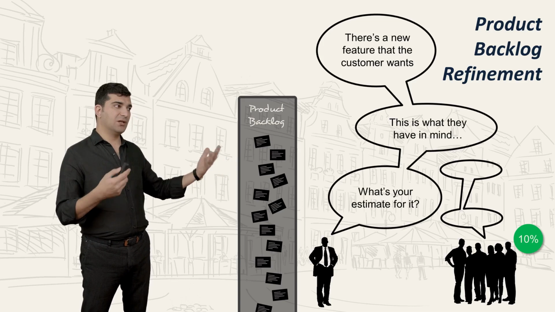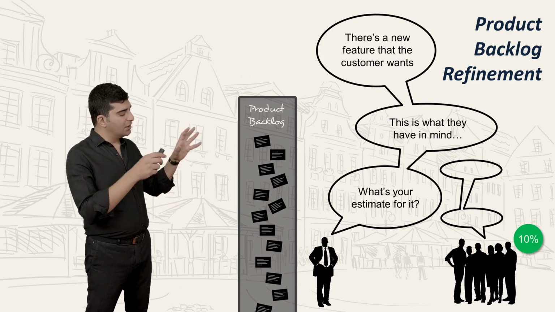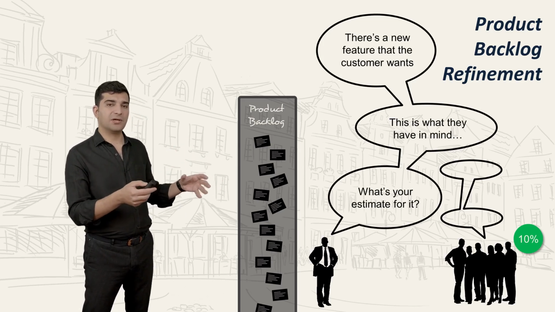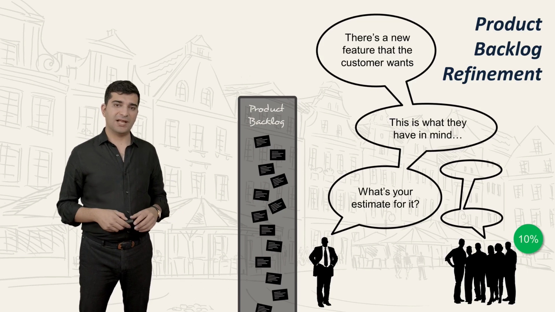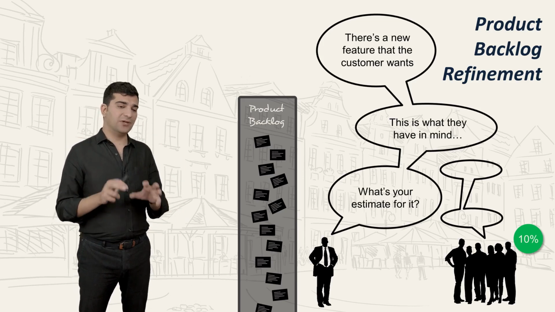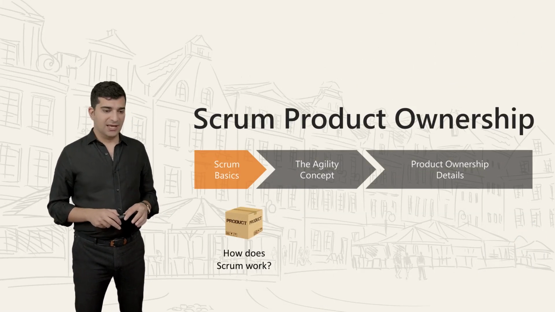So you don't have to spend a lot of time in sprint planning talking about the items. You already know everything. You will double check things and talk about practical aspects and move on with your sprint plan. All right, so that was a really quick overview of the Scrum framework.